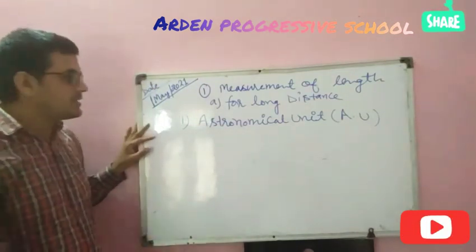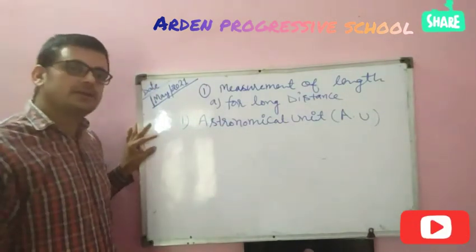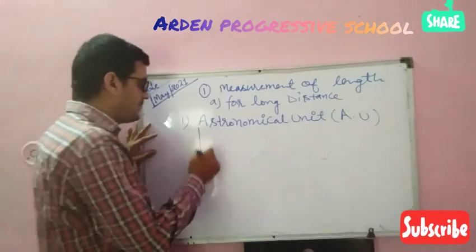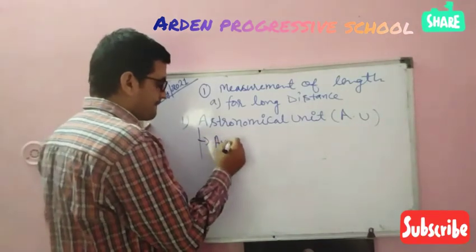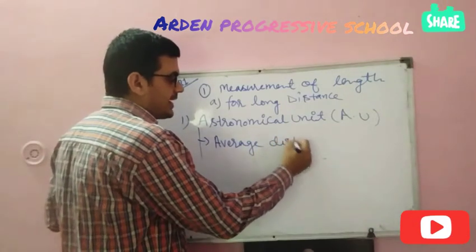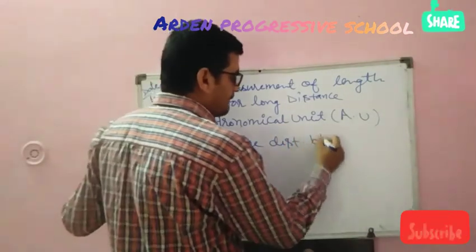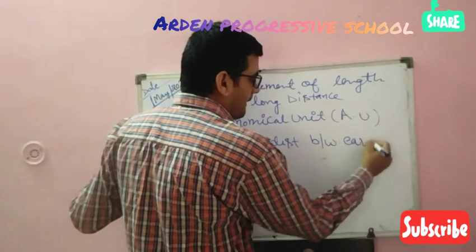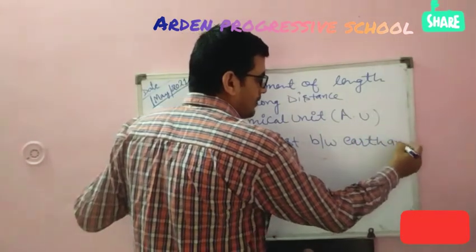What is the meaning of astronomical unit? It is the average distance between Earth and Sun.